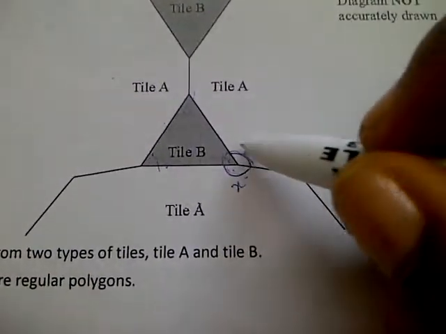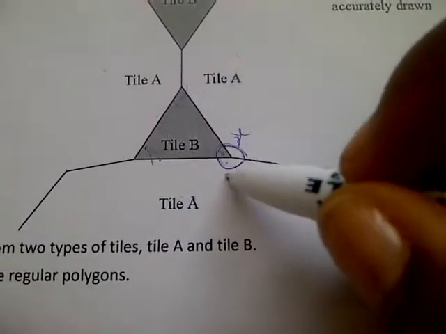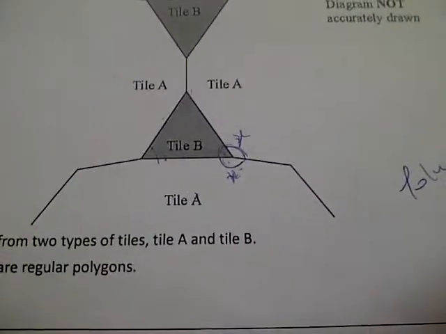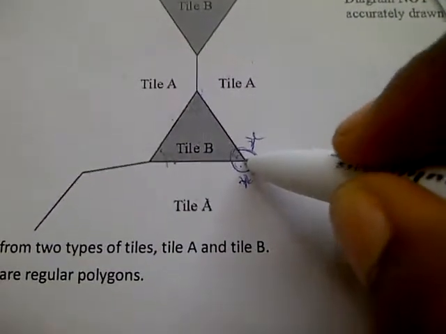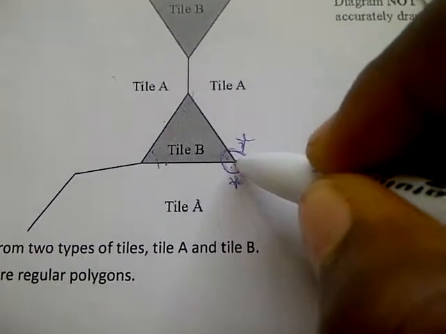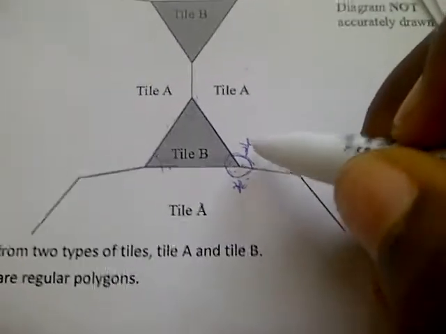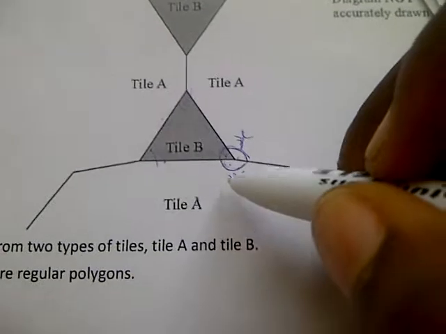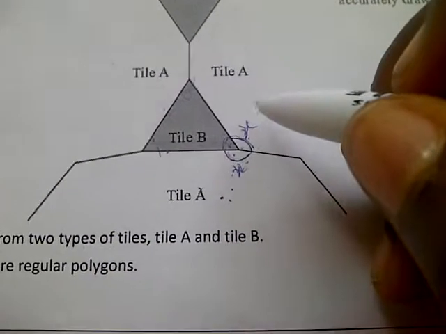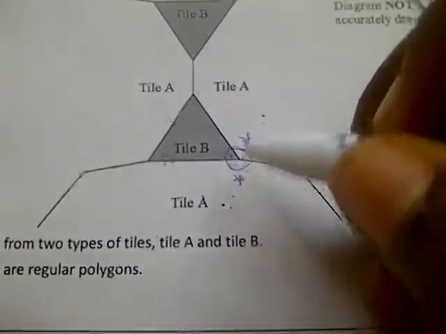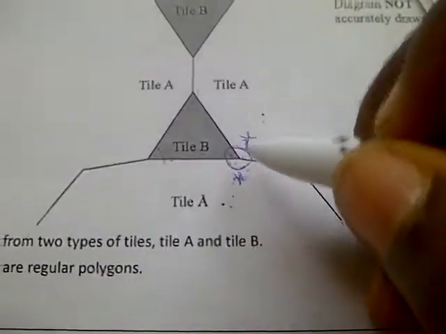So let's call this angle of the polygon X, and this angle of the polygon X. Okay, we don't know the values, we don't know the degrees, but we also know that angles at a point is 360 degrees. We call this X and call this X because we know it's the same polygon, and all the angles of a polygon are equal.